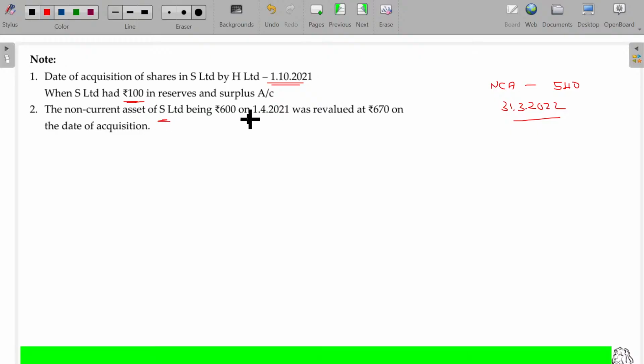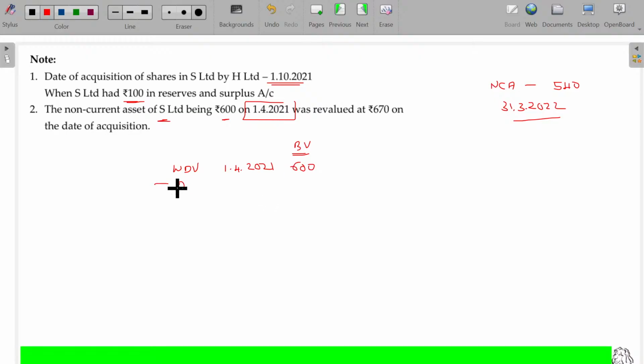Non-current assets of S Limited being 600 on 1/4/21, WDV on 1/4/2021. What about the book value? 600.